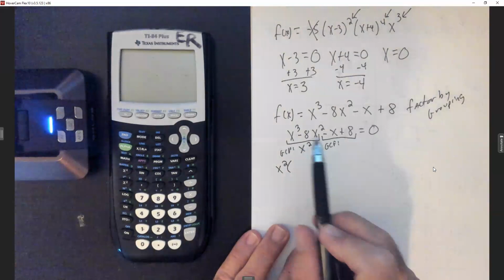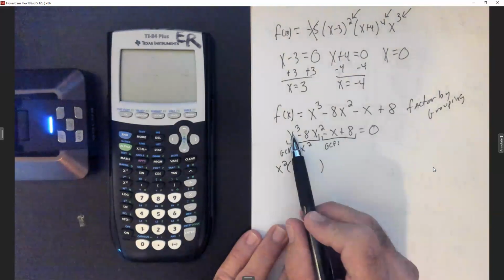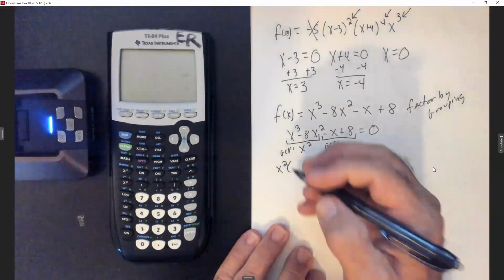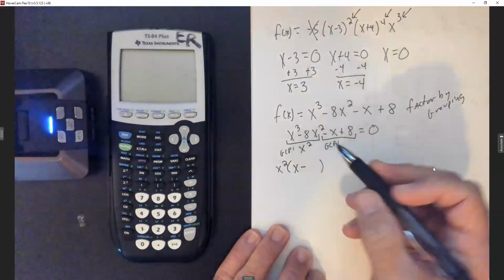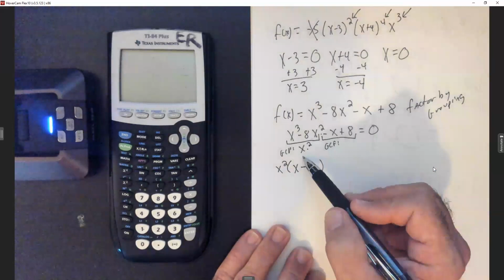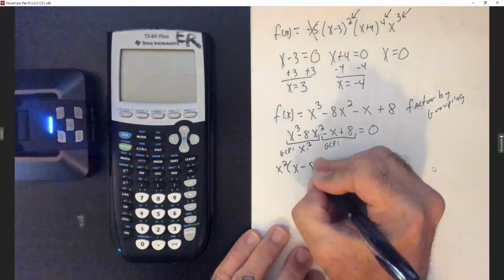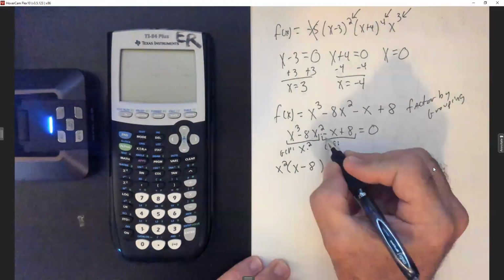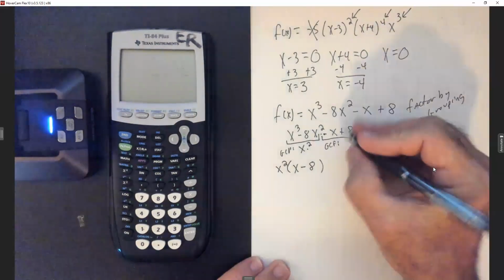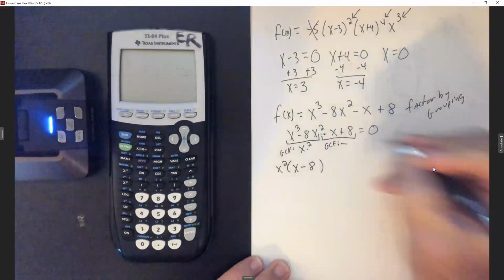So x to the third divided by x squared will leave me with x, minus 8x squared divided by x squared. The x squareds would cancel and you're left with the 8. Now, the second GCF always has the same sign as that third term. So since it's negative, the second GCF will be negative.